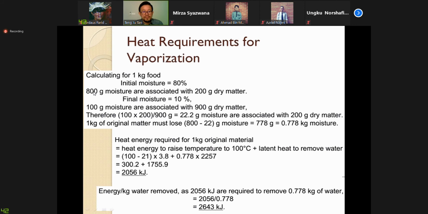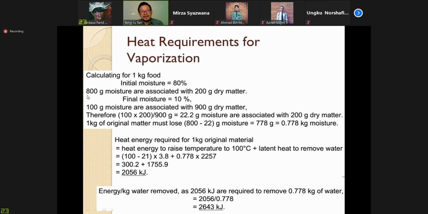So initially you have 800 grams, and you have to remove, minus the 22.2, 778 grams of moisture from here. So remaining is only 22.2. So 800 minus 22.2, you got 778, right?